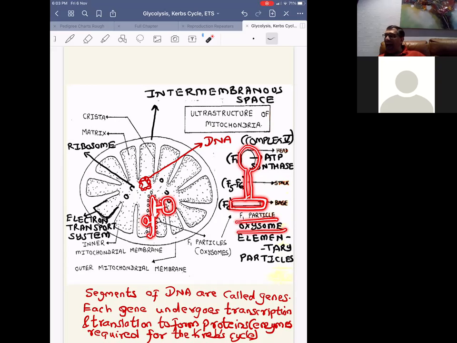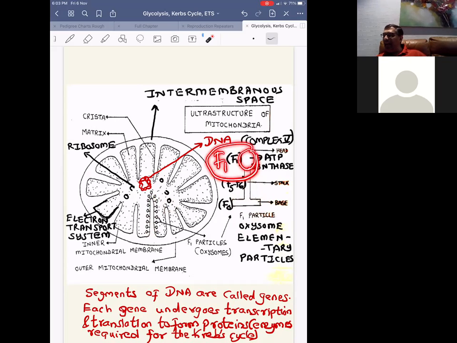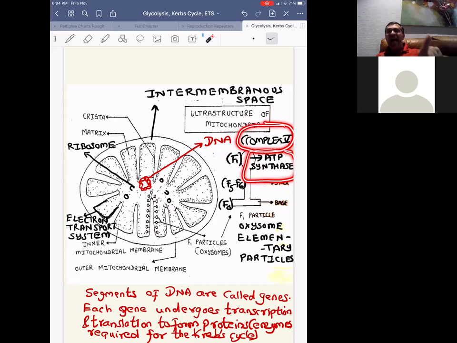The head is called the F1 particle, and in the F1 particle there is an enzyme called ATP synthase enzyme, and ATP synthase enzyme is called complex 5, and it is complex 5 which actually forms ATPs.